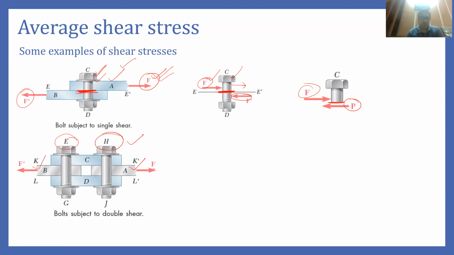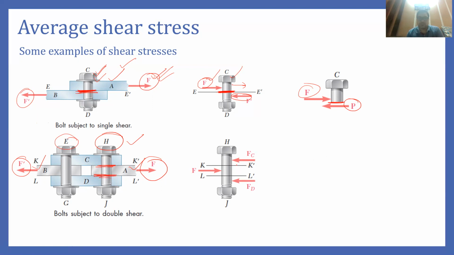And now here again you can see these plates are subjected to force F, and we want to see how this force will be transferred to the bolt. So for that we can have the free body diagram of the bolts again. And this time you can see the bolt is subjected to the shear force at two cross-section points. One is at this cross section and the second is at this cross section.